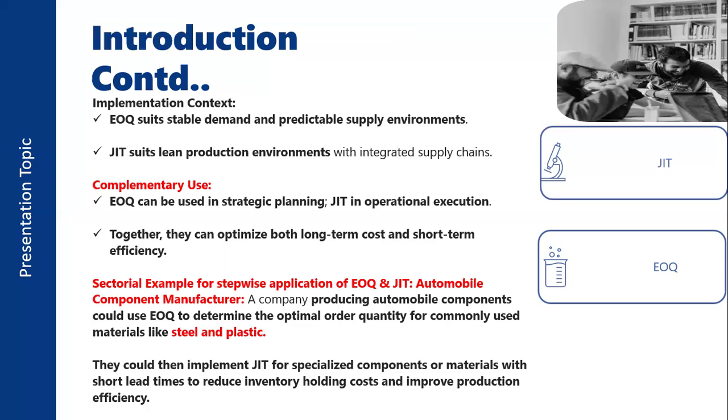Here, EOQ can be used in strategic planning, while GIT is in operational execution. We can see the application area of GIT. Together, they can optimize long-term cost, the most important parameter, and equally increase short-term efficiency.